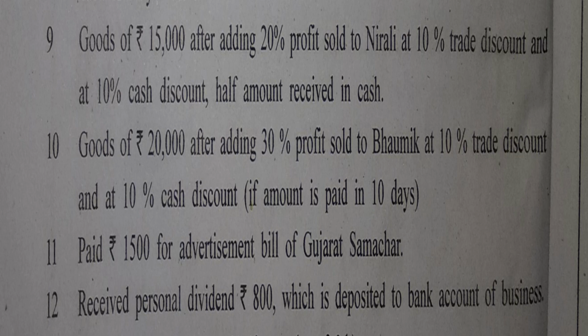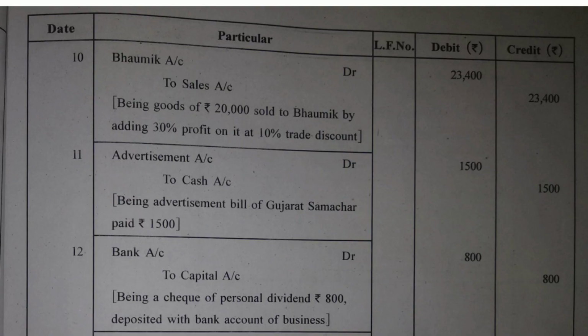So ultimately, this is an investment in business. Yes, and investment in business is always capital. So the amount is deposited where? To business bank account. So bank is receiver, bank account debit, to capital account 800.